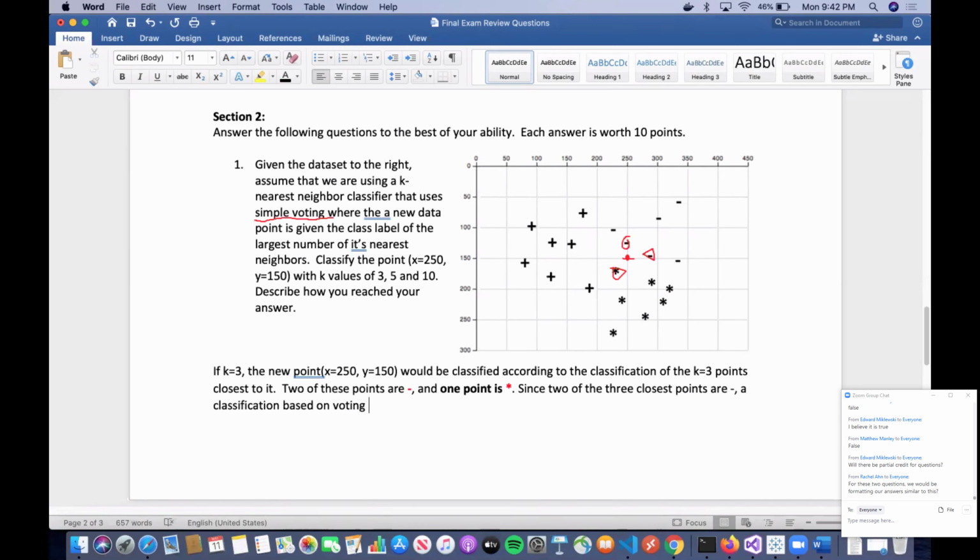And the only reason that we're doing voting is because now we have two, right? So based on voting.